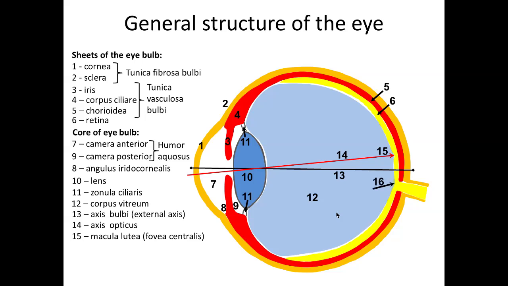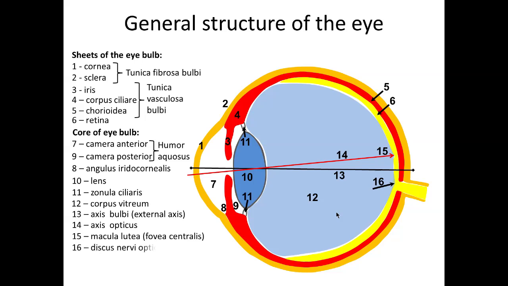And last very interesting detail in our scheme is another small cavity on the posterior portion of the eye bulb from internal side.